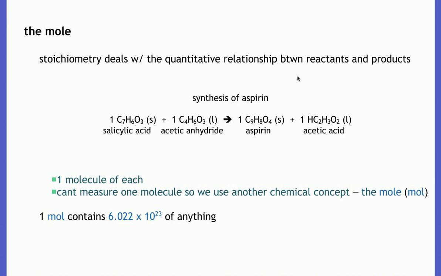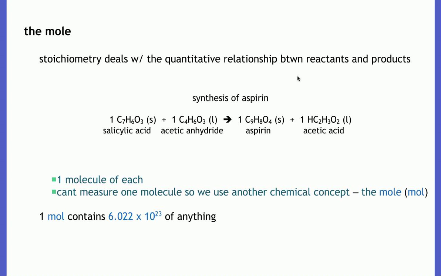Molecules are so tiny that there's no way you could just be dealing with one molecule of each thing. You obviously have way more than one molecule of each of those things if you have a substance that you can even measure in grams. So we don't really use that idea anymore. That's where this mole concept comes into play.